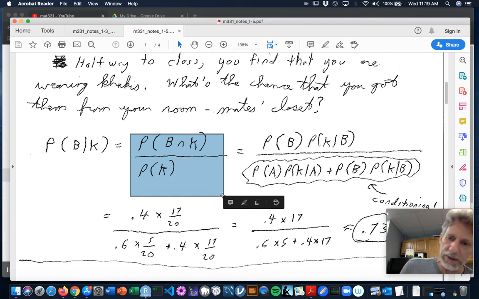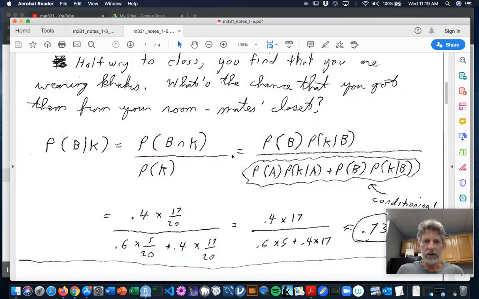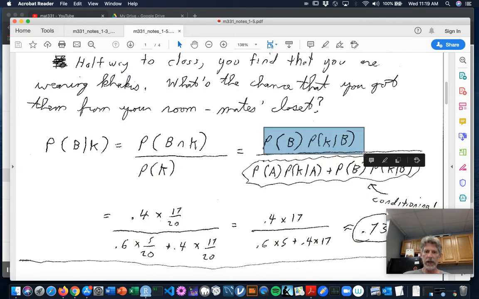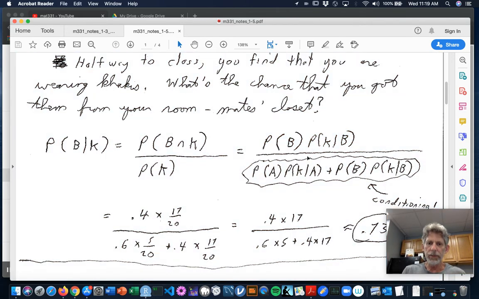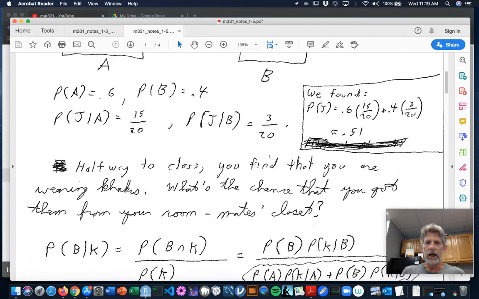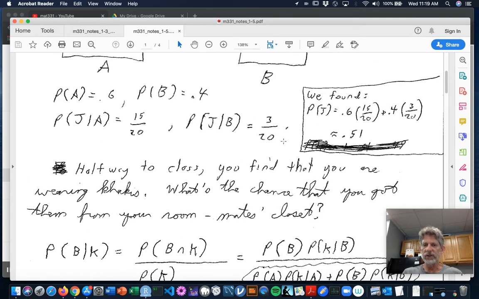So it's probability of B intersect K over probability of K. And the probability of B intersect K could be written out with the multiplication rule as the probability of B times the probability of K given B. All right, and the probability of K, I suppose, you either have jeans or khakis, so a cheap way to find it would be to go to the probability of jeans that we've already found and do 1 minus that and write in about a 0.49.